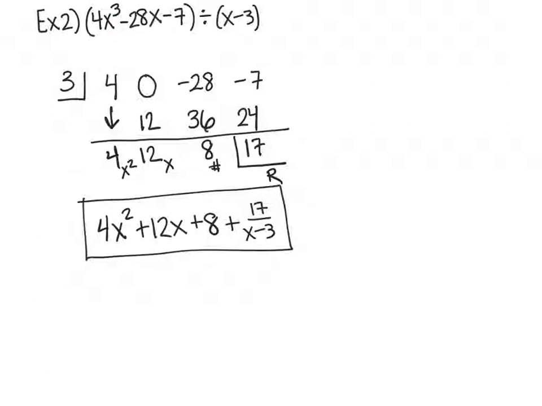So x cubed divided by x will get you x squared, and that is the variable that will go here. So if you start with x squared, you could work down to x, which works down to a number, which works down to your remainder. So you have choices on the way that you label these coefficients. Either way, you will get the same answer.